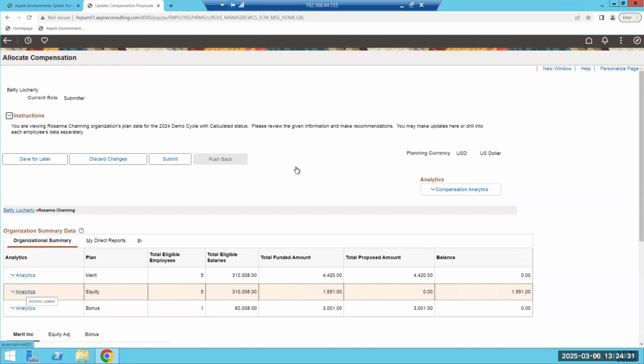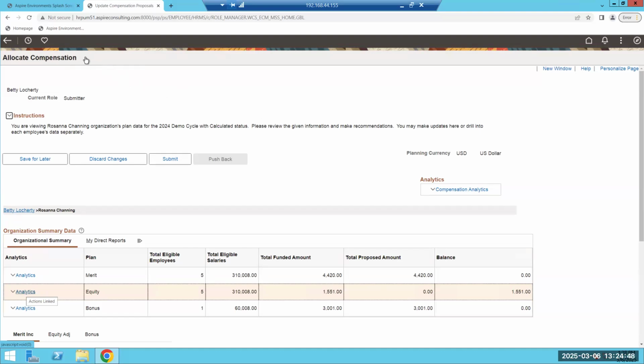We talked about the prereqs: you need the population, the organizational tree, the ratings, merit matrix, and bonus plan. So we're going to start taking a look at those.